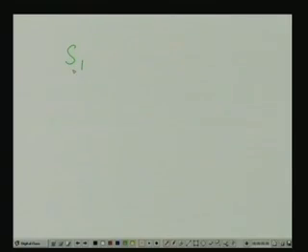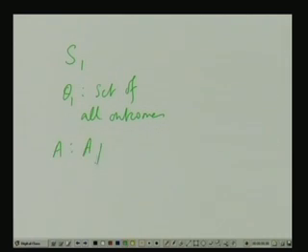Now, to answer that, let us go back to some of our earlier discussions. Suppose we have got two probability spaces, one is S1 that has the set of all outcomes theta 1, and A be a particular outcome.